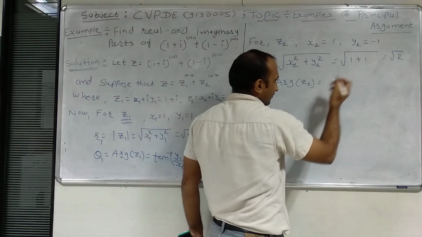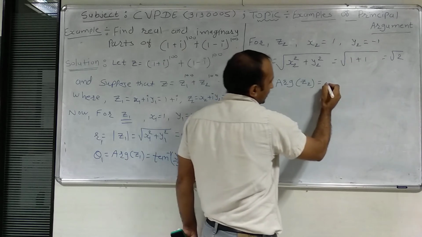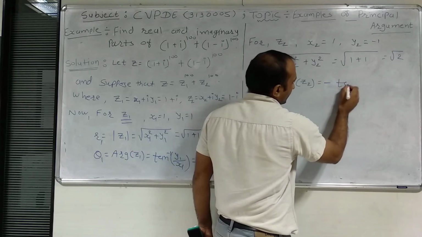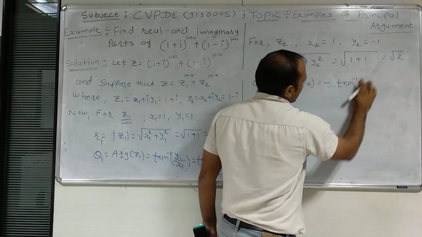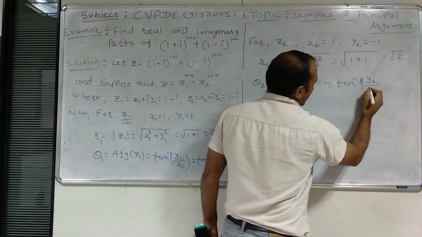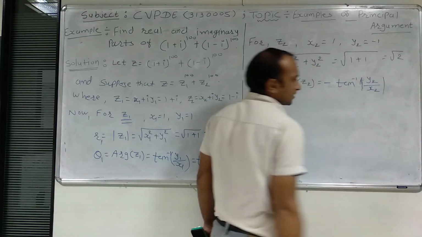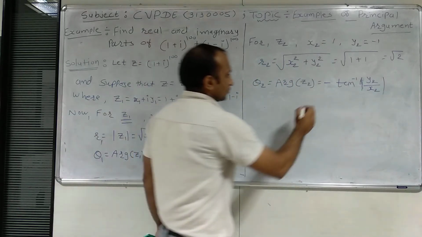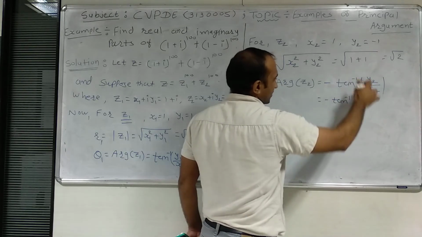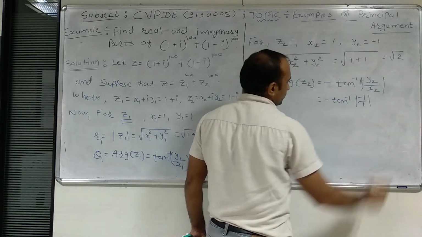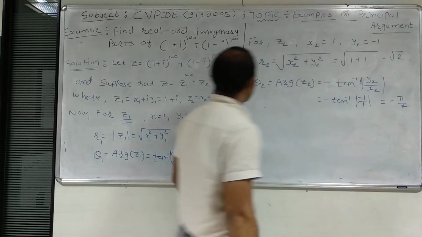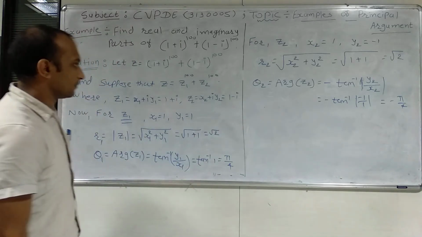And from the previous video, if your number is in the fourth quadrant, then principal argument is minus tan inverse of modulus of the imaginary part upon real part. That means mod of y2 divided by x2. This equal to minus tan inverse, y2 is minus 1 upon 1, but here modulus, so it's 1. So this equal to minus pi by 4. So theta 2 we get minus pi by 4.